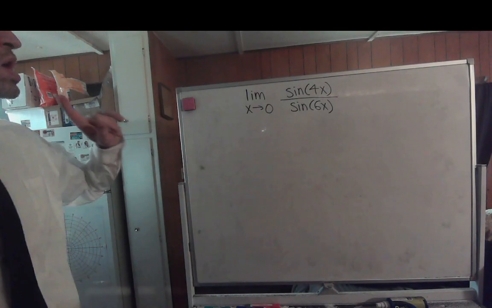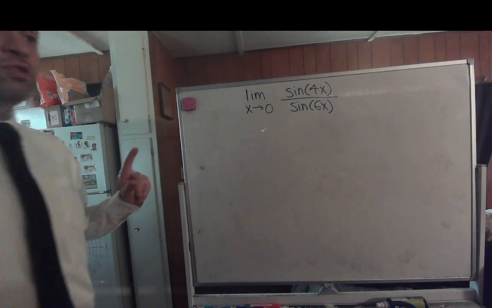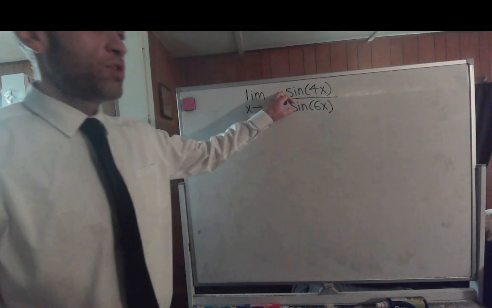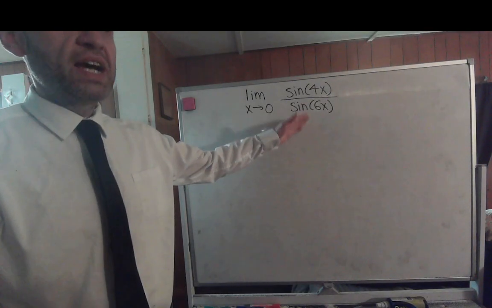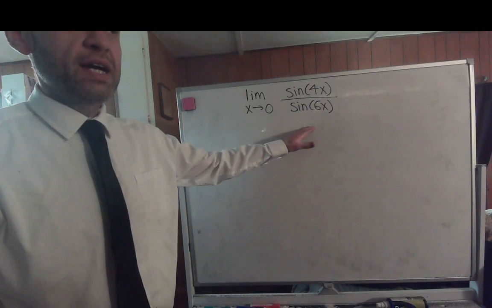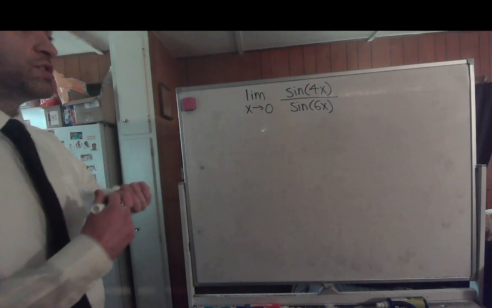But what you need to do, we need to convert each the numerator and denominator into a form of the sine of x divided by x. How do we do that?